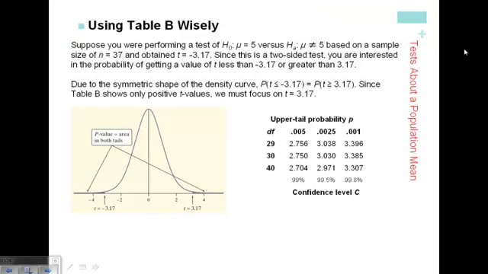This is the discussion of the negatives. We've already had this discussion. What's the probability that t is less than negative 3.17 with how many degrees of freedom? It doesn't say. Let's go with 36 degrees of freedom. So if it's 36 degrees of freedom and we're using the table, what line do we have to go to? 30.